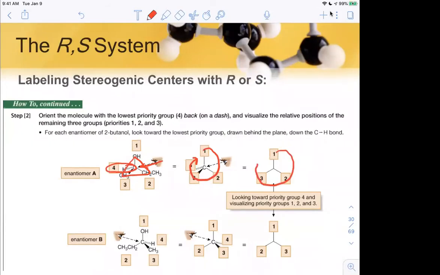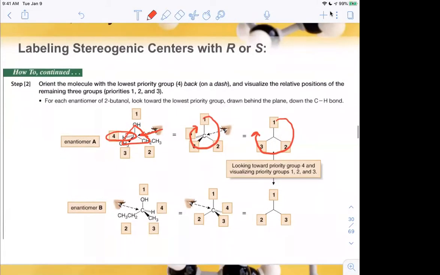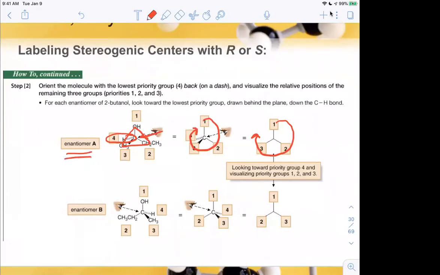I have this clockwise orientation for enantiomer A. So this is going to be an S. Now, the other enantiomer, if I look in this direction, I'm going to go 1, 2, 3, right? This is going to be counterclockwise.